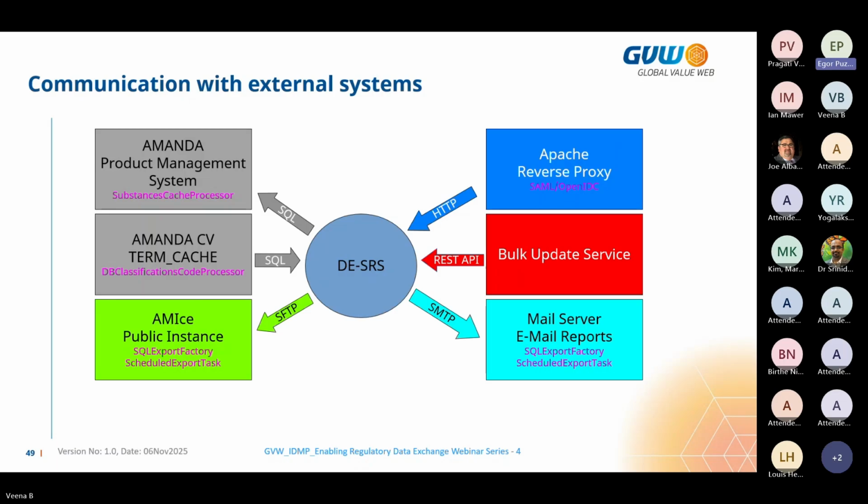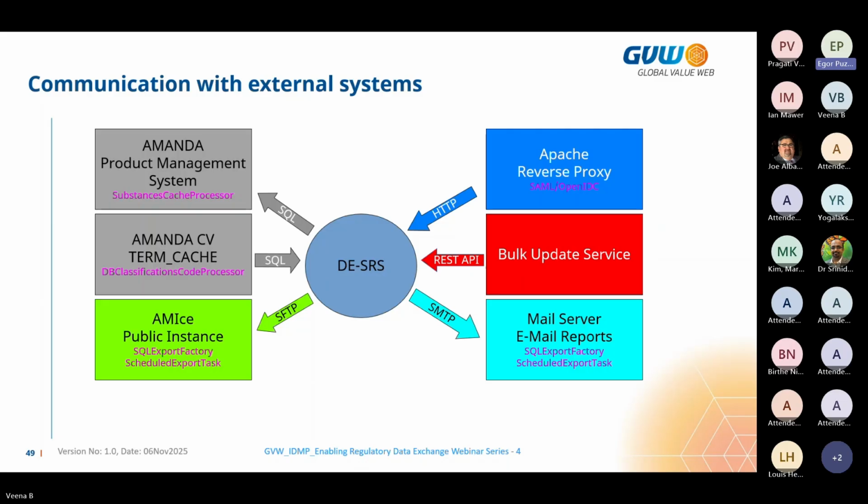So it's all about field mapping. Now I will show you the communication we have with the external system. We have here the Amanda product management system, and from GSRS I can communicate with this database using the SQL language.